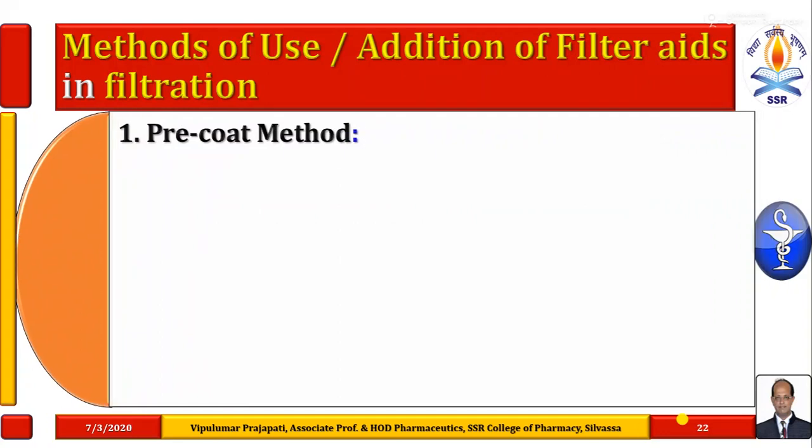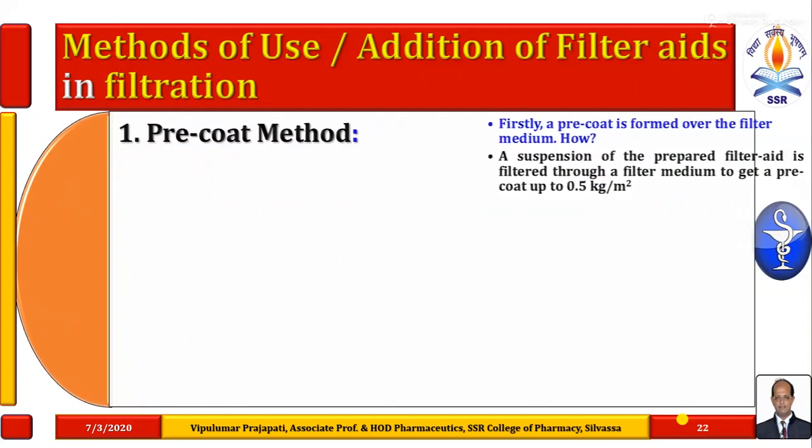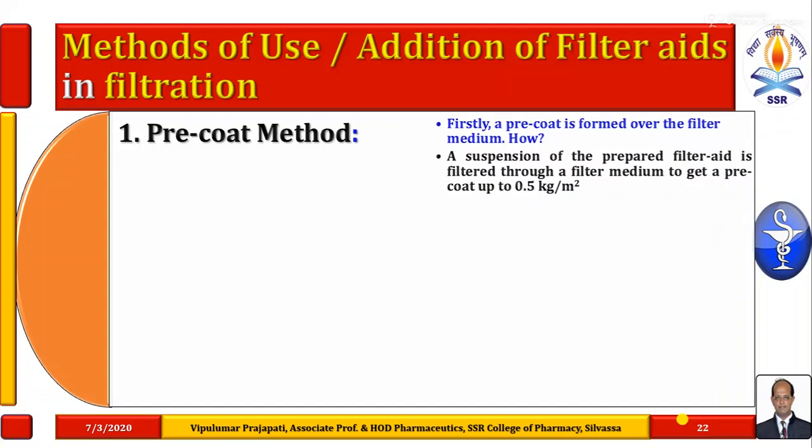First one, the pre-coat method. How is it carried out? Firstly, a pre-coat is formed over the filter medium. How? A suspension of the prepared filter aid is first filtered through a filter medium to get a pre-coat of up to 0.5 kg per meter square.